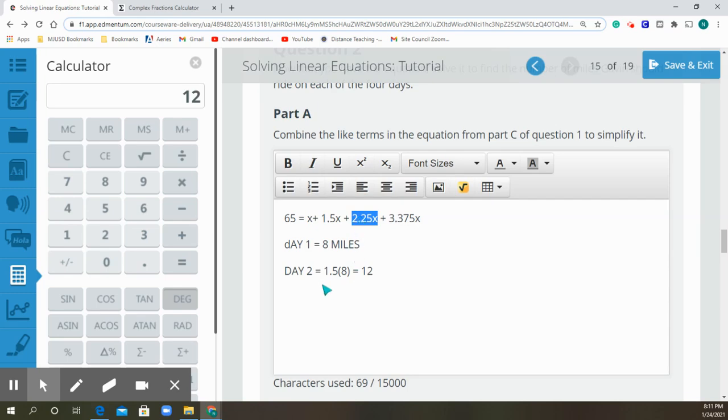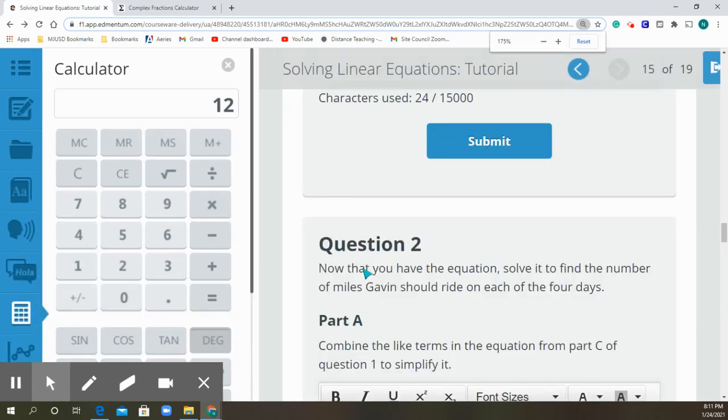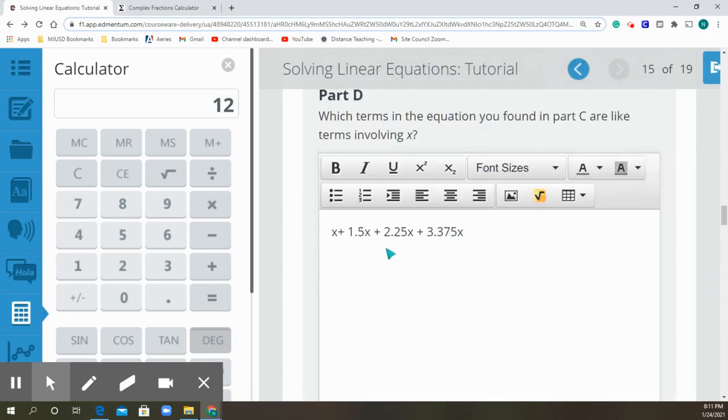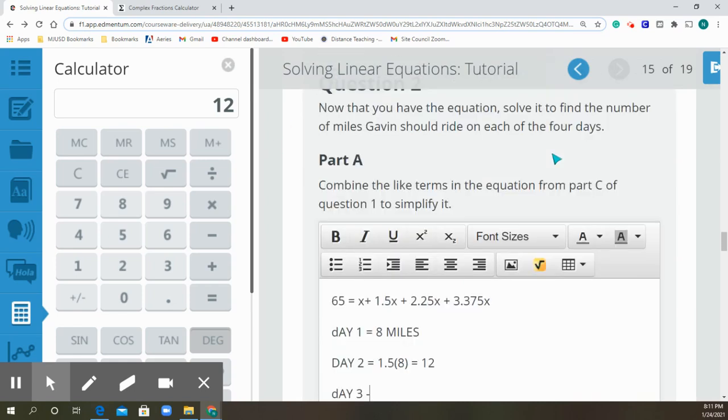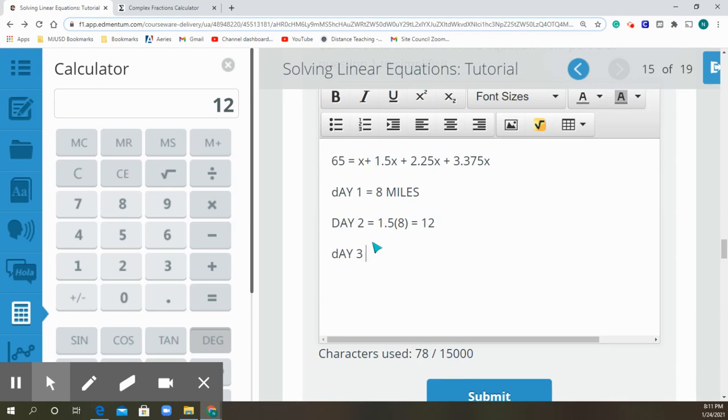Day 3 equals 2.25x, which, if we put 8 there, 2.25 multiplied by 8 equals 18.